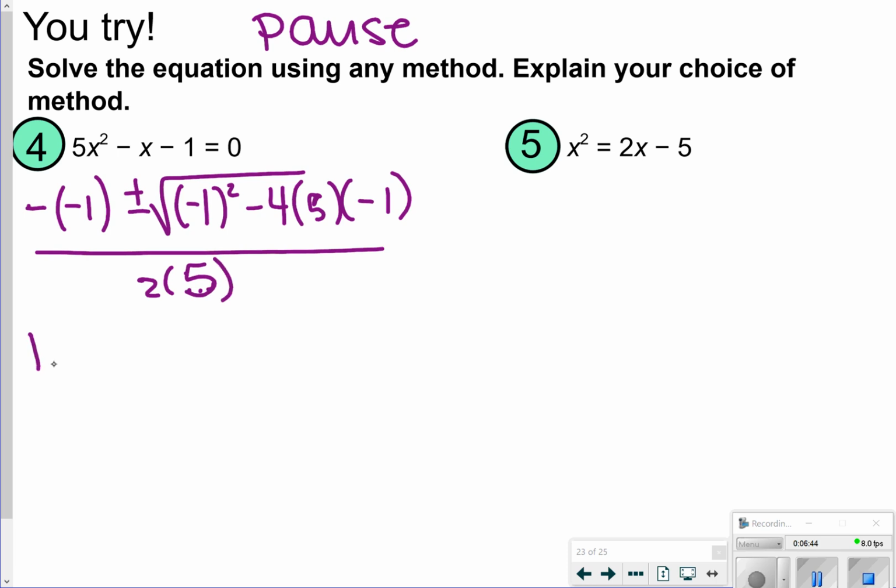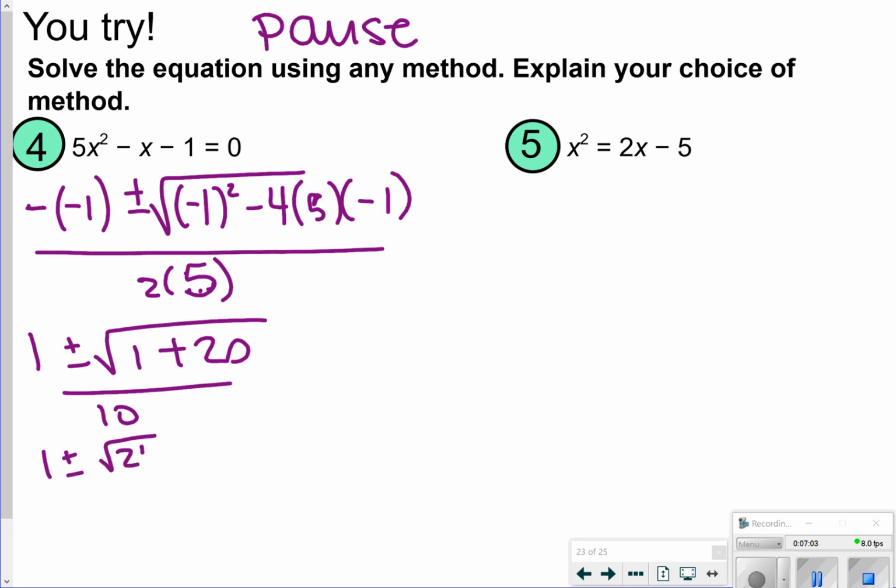So I'll have 1 plus or minus the square root of negative 1 squared is 1, and then negative 4 times 5 times negative 1 is positive 20. So I have 1 plus 20 all over 10. That's going to be 1 plus or minus the square root of 21 over 10, and the square root of 21 is about 4.6, so 1 plus 4.6 divided by 10, and 1 minus 4.6 divided by 10.